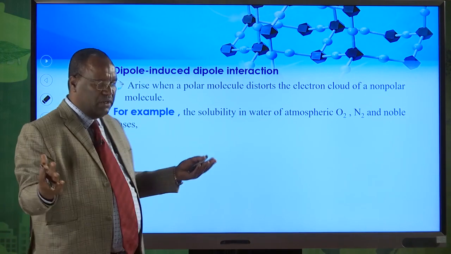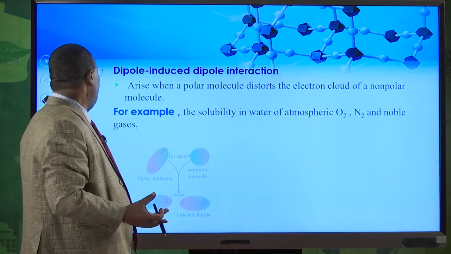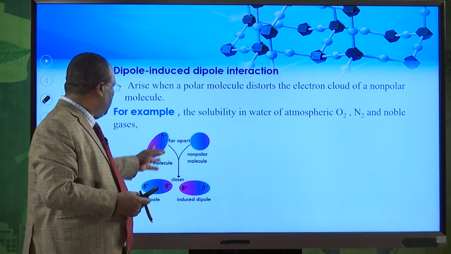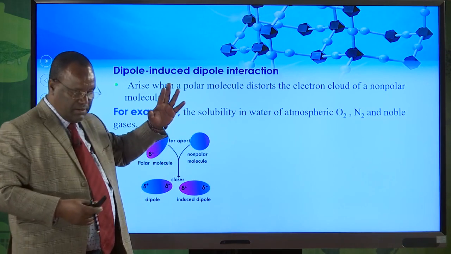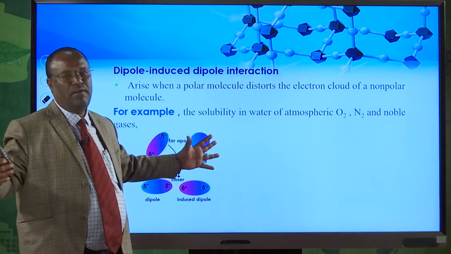What kind of interaction is there between the two molecules? Let us see one example. This is a polar molecule, the other one is a non-polar molecule. They are far apart from each other, so there is no interaction.